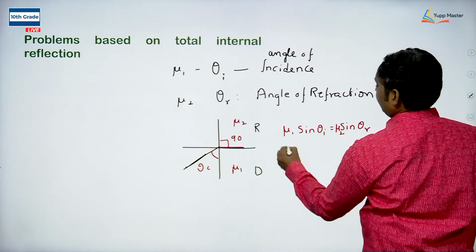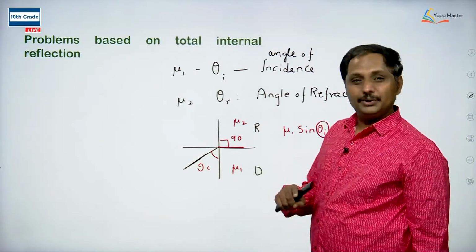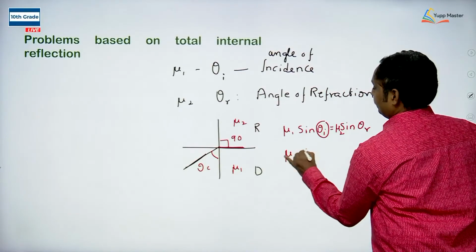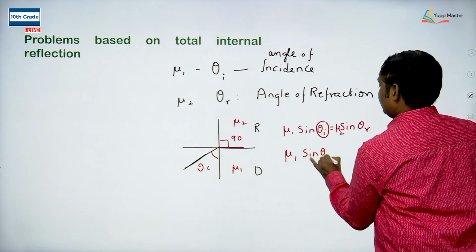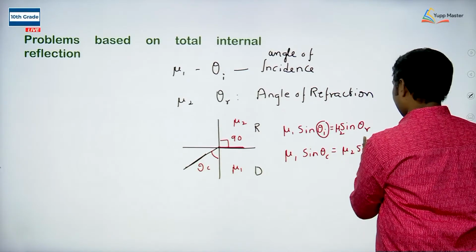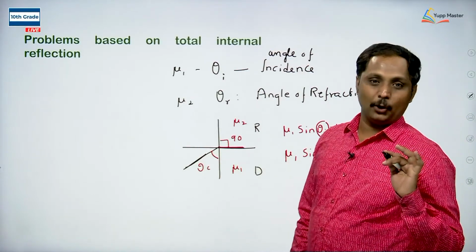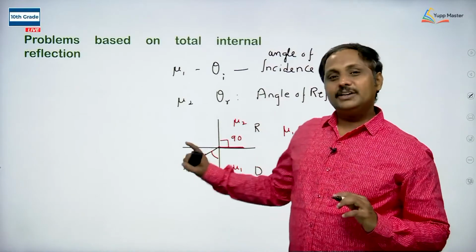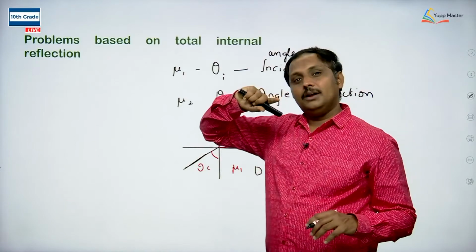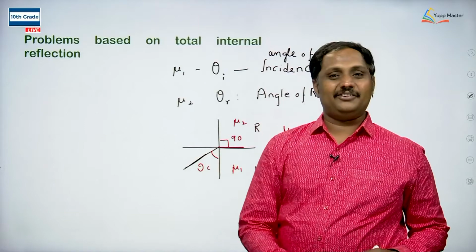At the critical angle, if the angle of incidence is equal to the critical angle, the angle of refraction is 90 degrees, that is mu1 sin theta c is equal to mu2 sin 90 degrees. We take problems based on the angle of incidence at which we obtain total internal reflection.